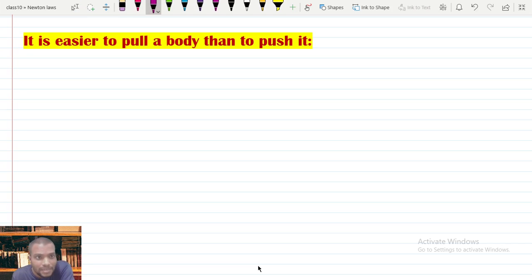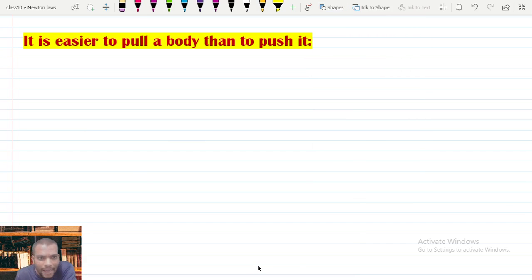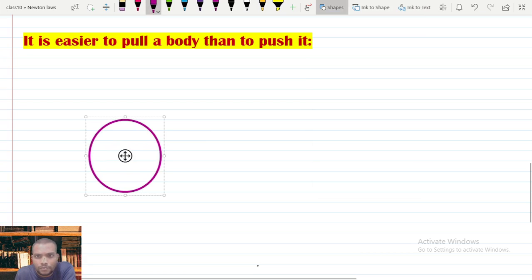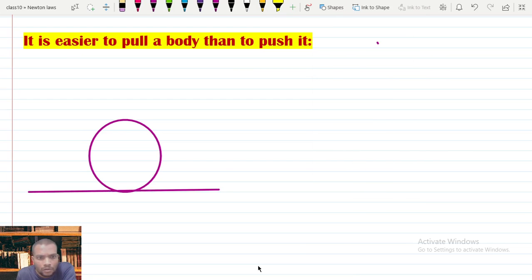So the question comes like this: it is easier to pull a body than push it. For that, let me take a quick diagram. Suppose I take a roller, a circular roller kept on the surface.